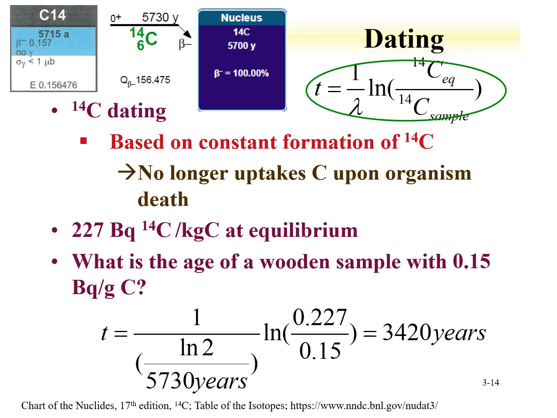So the equilibrium value is listed here. And what's the age? There's a wooden sample that's been found. It now has 0.15 becquerel per gram. This is 227 becquerel per kilogram, so we need to make it per gram, so it's 0.227 becquerel per gram.